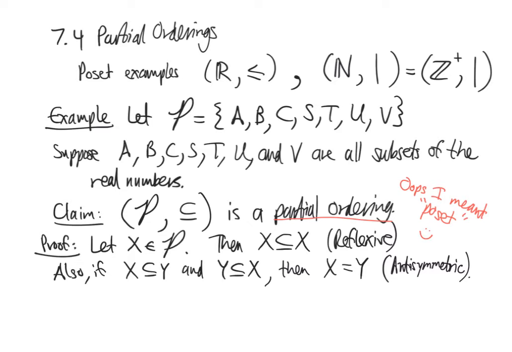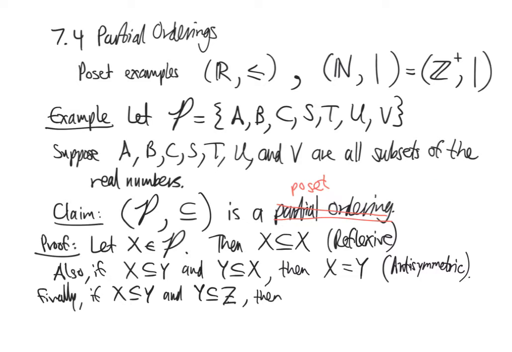Finally, transitive. If x is a subset of y and y is a subset of z, you can imagine that it must be the case, thinking of the Venn diagram, x is a subset of y is a subset of z.